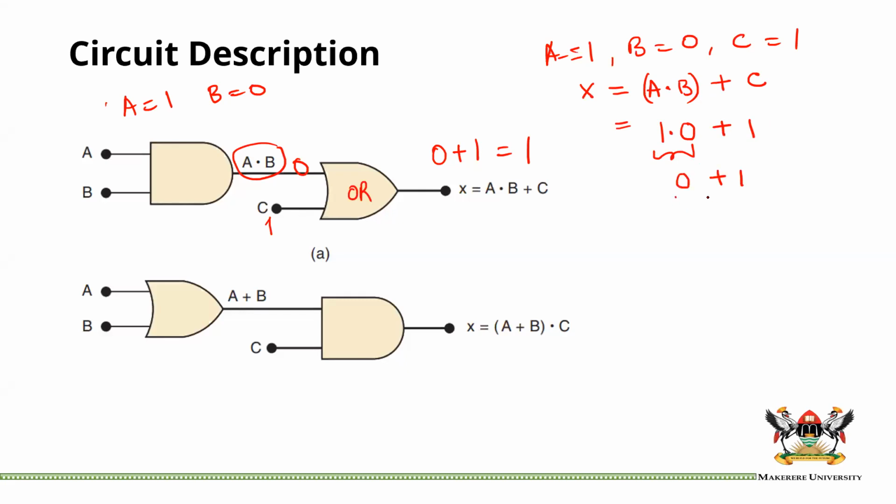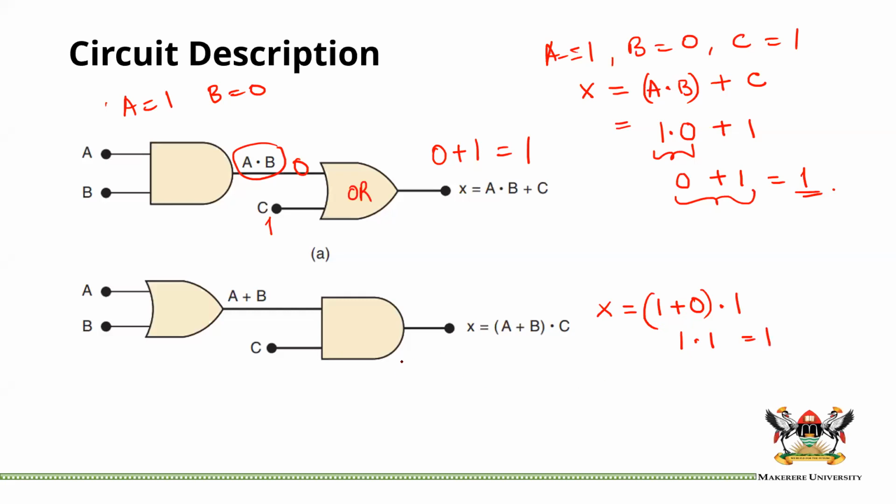And what is 0 or 1? It is 1. Okay. And if we were to use it here, we would find that X is equal to A, which is 1, or B, which is 0, and C, which is 1, so 1 or 0 is 1, and 1 is 1.